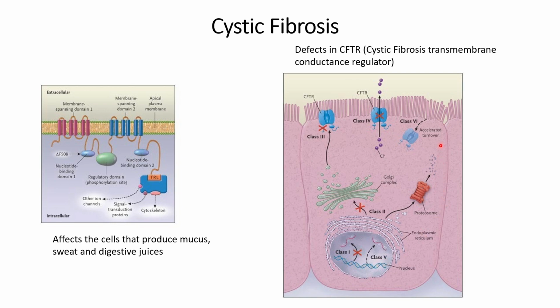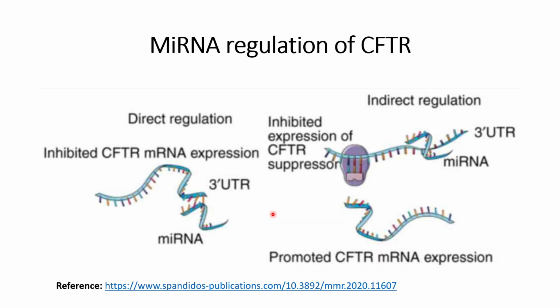Because of this, the amount of CFTR protein required within the cell is not properly produced by the cells. So let us understand one of the causes of this defect.